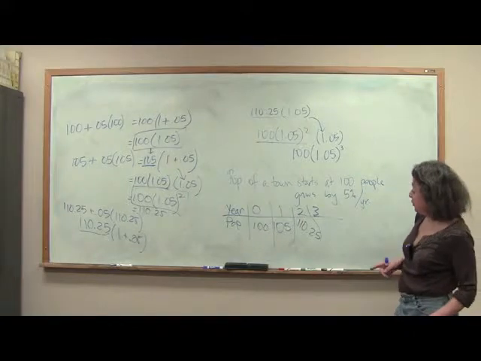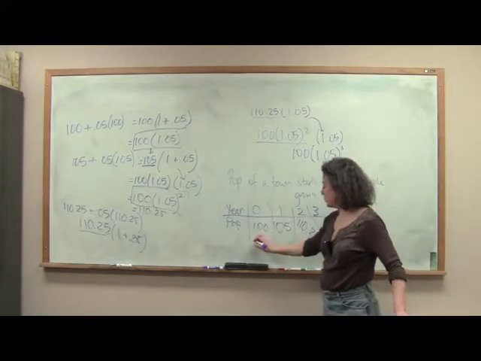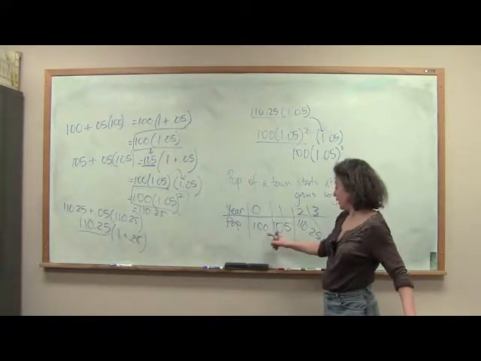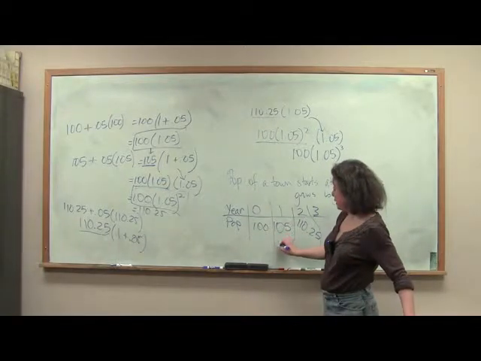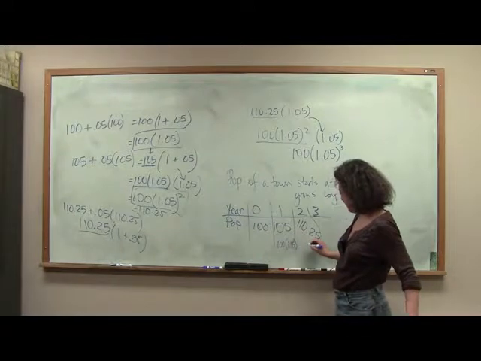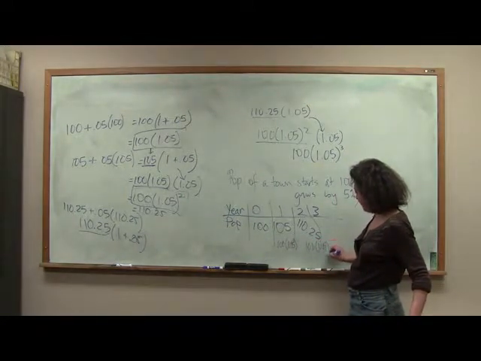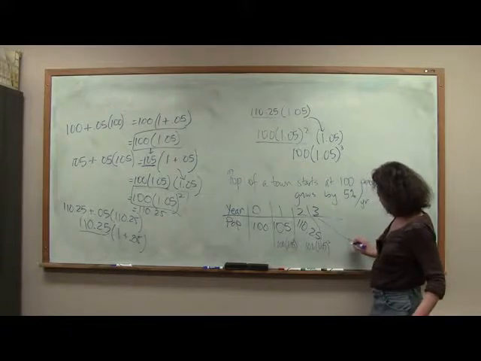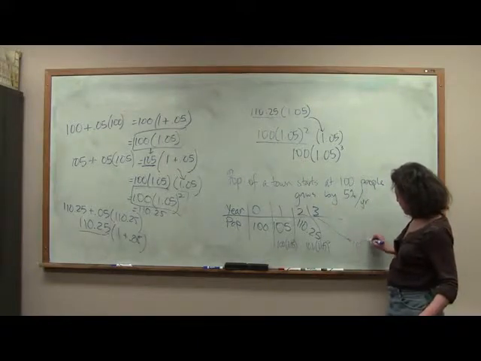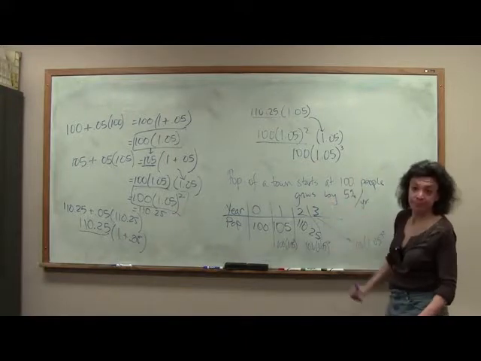Notice this one we could write as just 100. This guy we could write as 100 times 1.05. This was 100 times 1.05 squared. For the third year, we have 100 times 1.05 cubed.